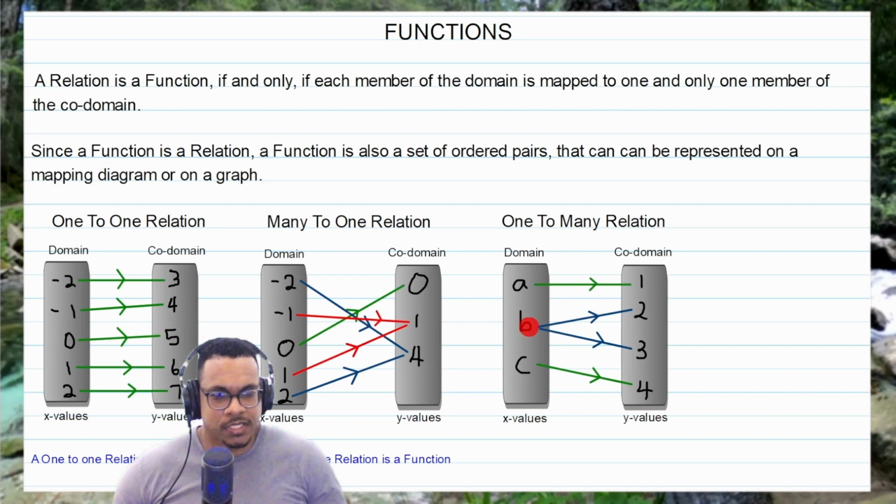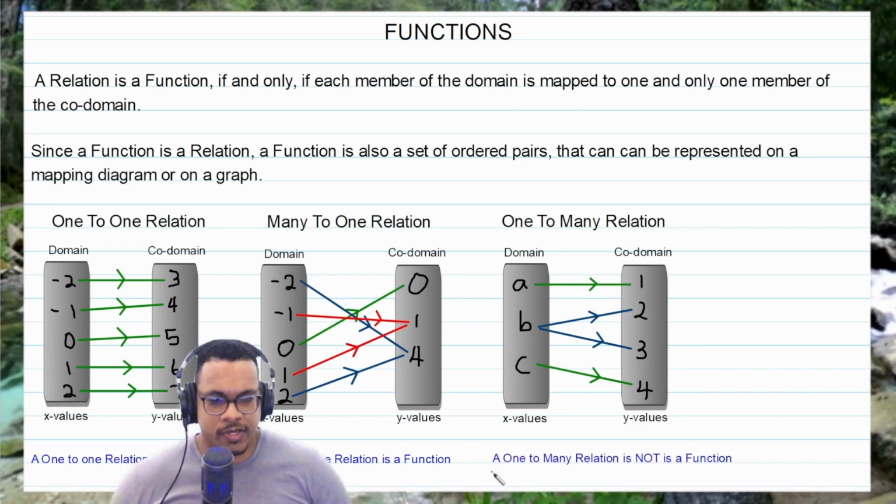But B is mapped to two members of the codomain. So B is not mapped to one and only one member of the codomain, and that would make a one-to-many relation not a function. So I have a one-to-many relation is not a function.